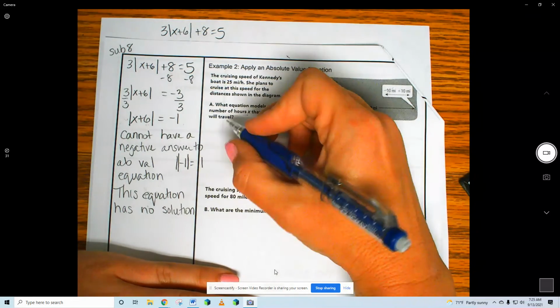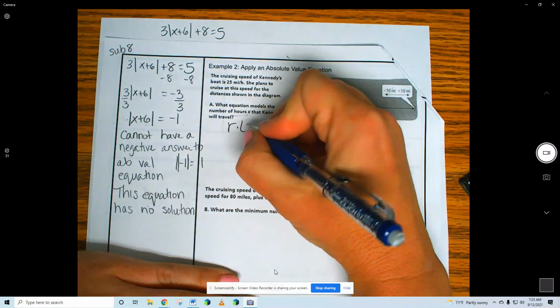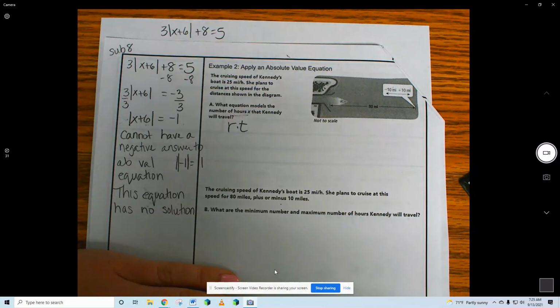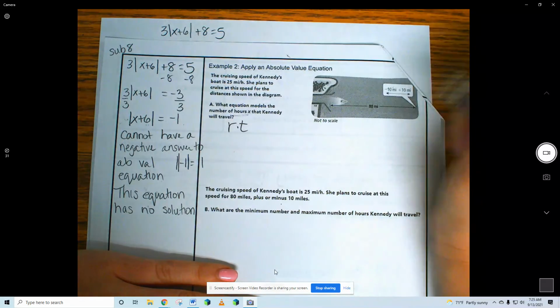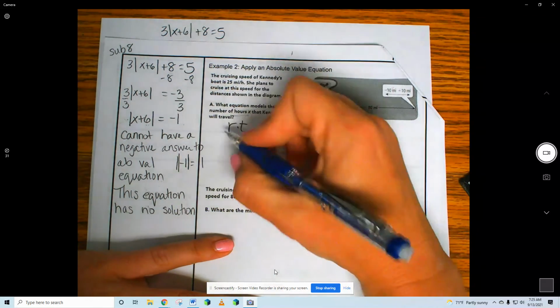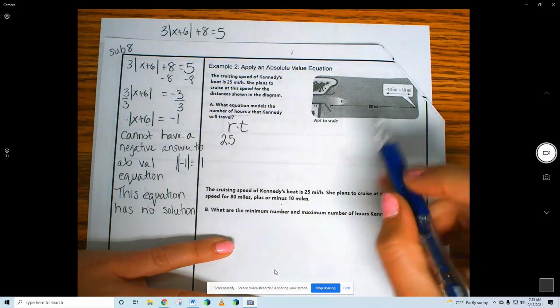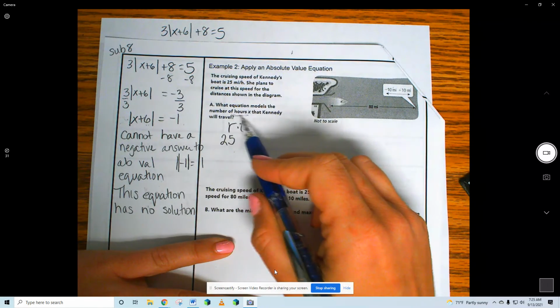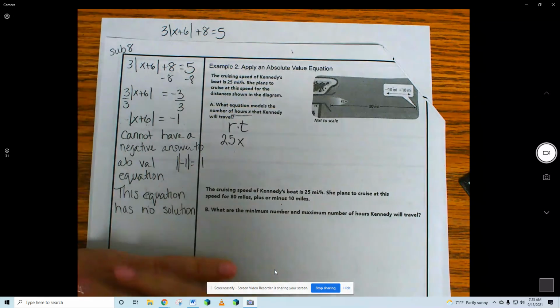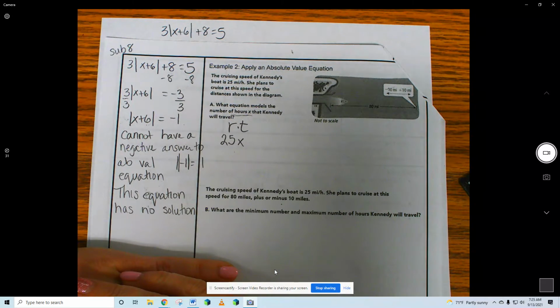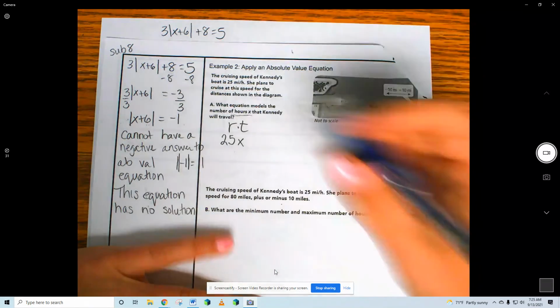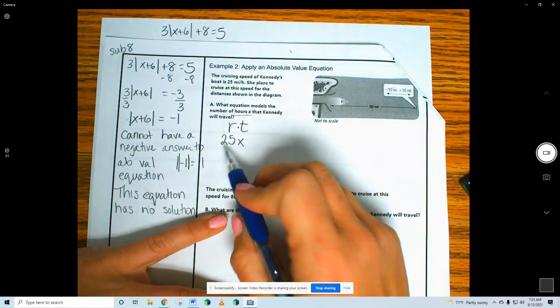So this is going to be rate times time. And that's going to be 25. That's her rate. Number of hours, I don't know. That's going to be x. Okay, this is the distance that Kennedy travels, 25x.